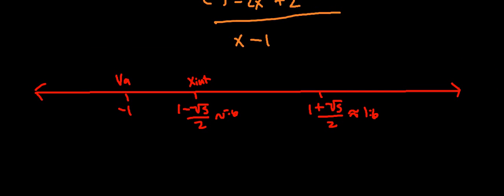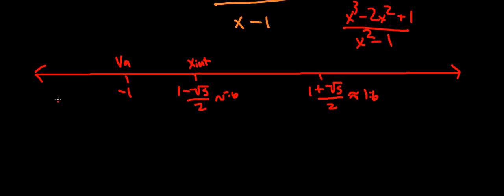So let's rewrite the equation. We got x cubed minus 2x squared plus 1 over x squared minus 1. Let's start with something like minus 2.